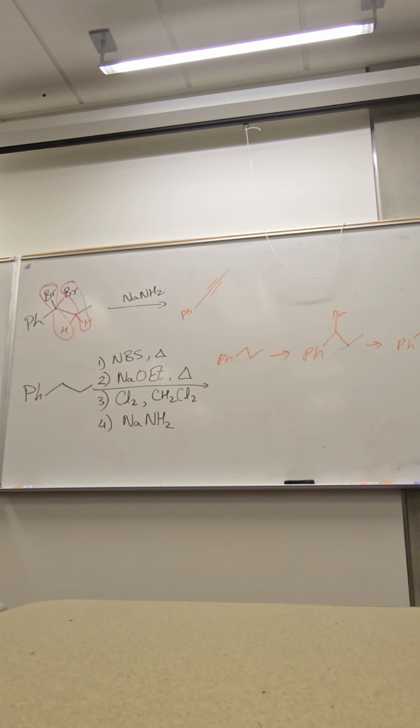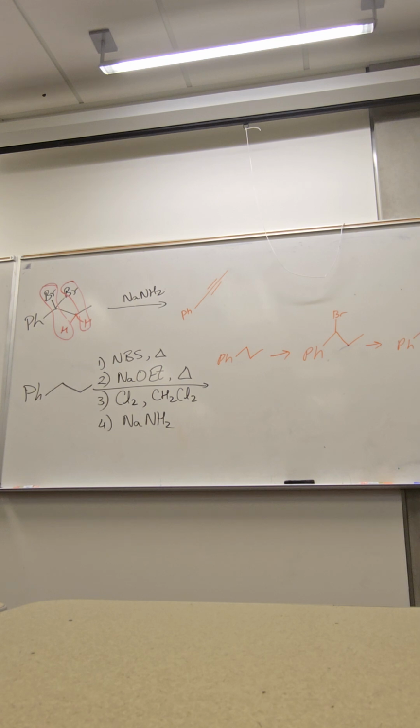Now, if I take two equivalents of base, what do you expect to get? Do you expect to get that? No, right? I would expect that. What do you expect? Could another product be double bonds on both sides?